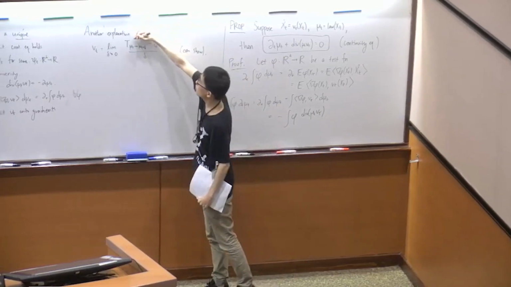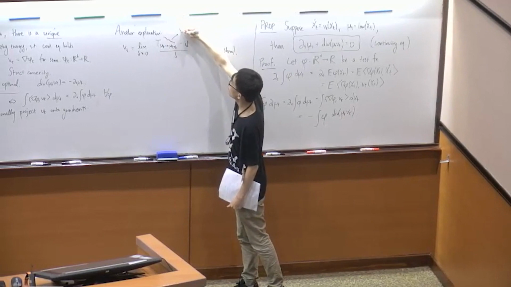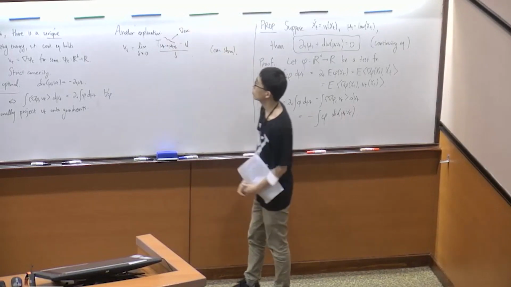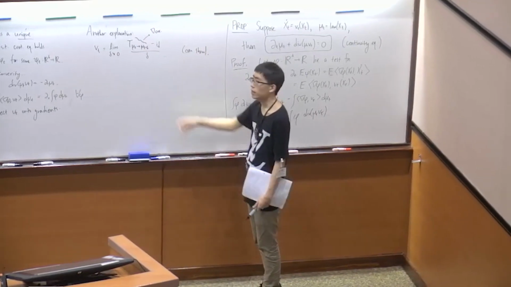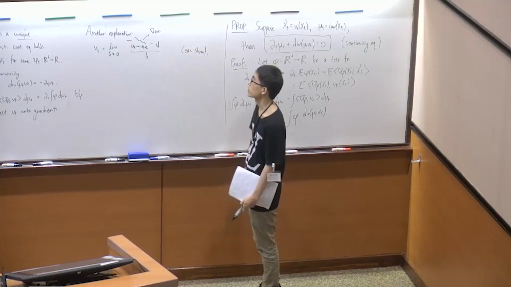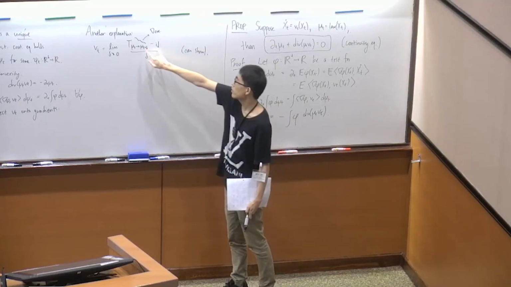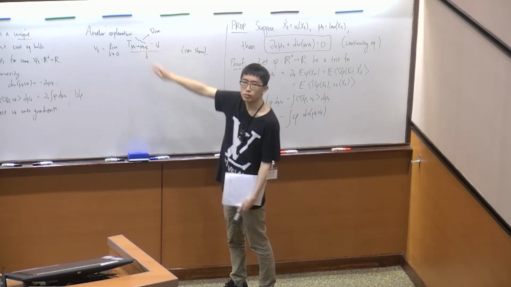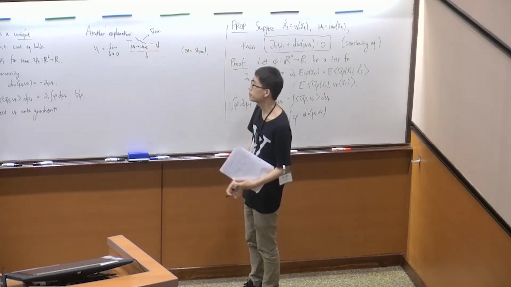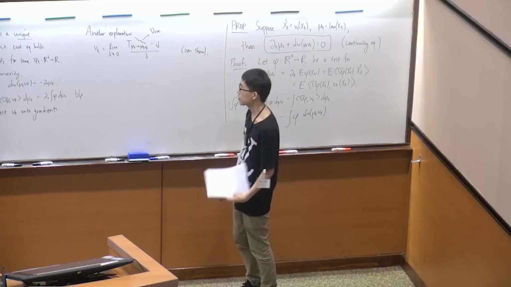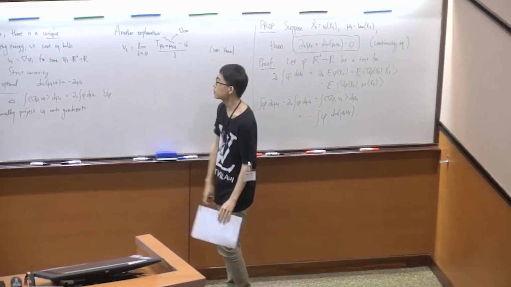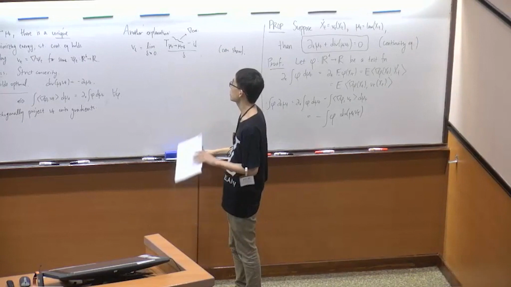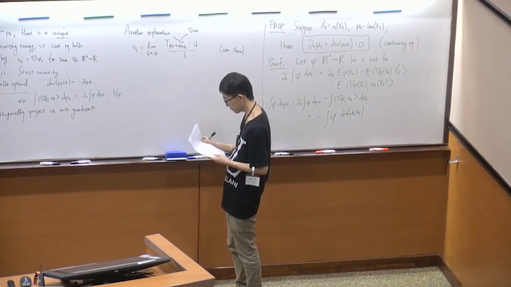And if you remember, this transport map is the gradient of a convex function by Brenier's theorem. But I'm going to subtract the identity, which is the gradient of a function. So because I've subtracted the identity, this is no longer the gradient of a convex function, but it's the gradient of some function. And this is preserved in the limit, so you can argue through this reasoning that Vt also has to be the gradient of a function.